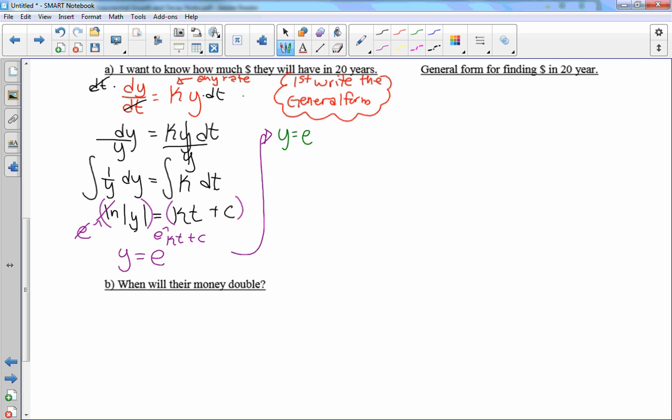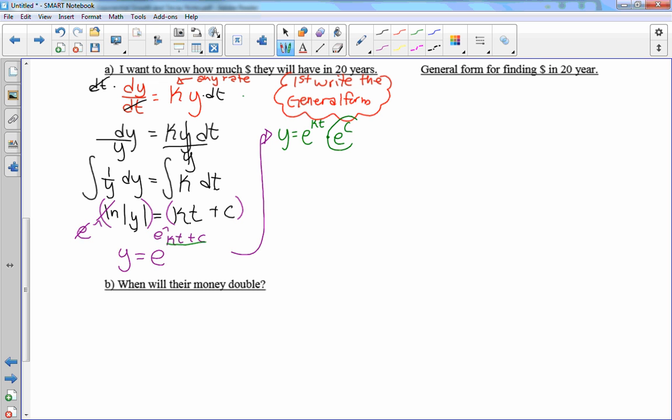Y equals e to the kt times e to the c. Isn't this the same? We just did one of these actually on the intervals. When you multiply the same base, you add exponents. So kt plus c was the addition. So we separate them with multiplication.